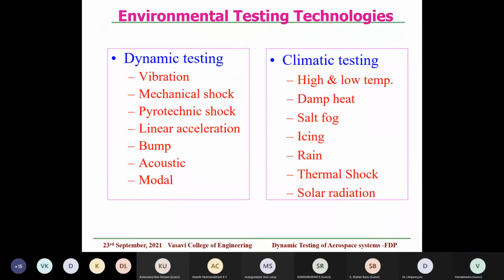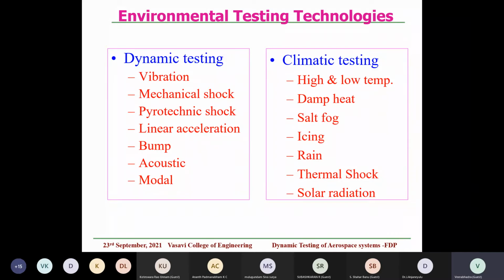So basically, in dynamic testing, as I said, sir, I'll be dwelling upon vibration and shock. There is also another kind of shock called pyrotechnic shock. This is due to pyros or shaped charges which explode during the operation, like pyro bolts.